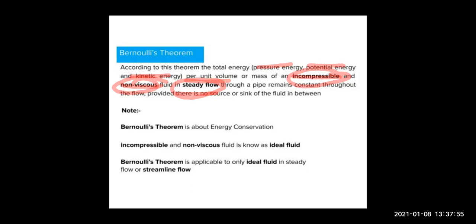He's saying that the sum of pressure plus potential plus kinetic energy per volume remains constant, provided there is no source or sink of the fluid in between. Means neither is energy given somewhere, nor is energy taken from somewhere by the fluid. So it is based on energy conservation, and it is applicable to ideal flow only, that is steady flow. We cannot apply it to other flows, right?